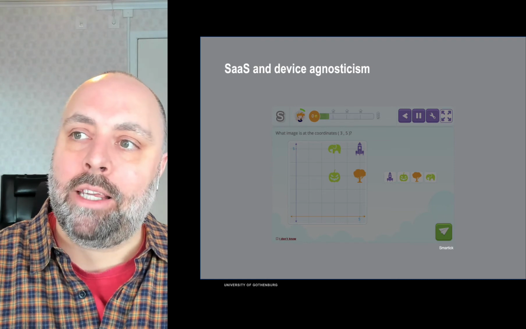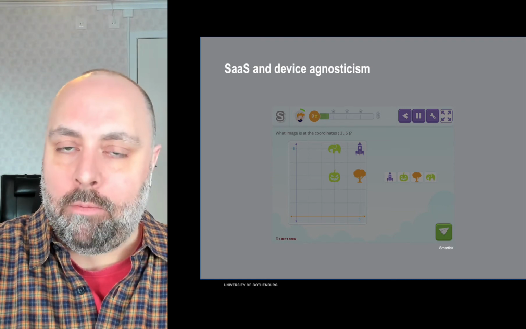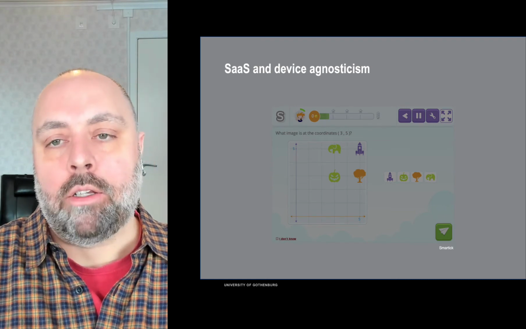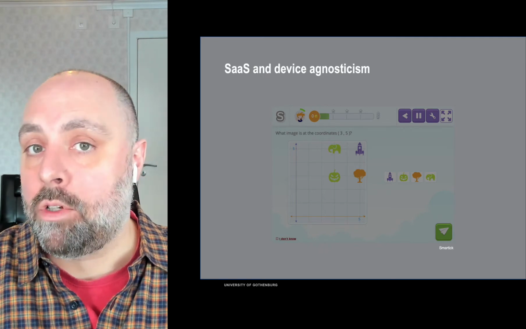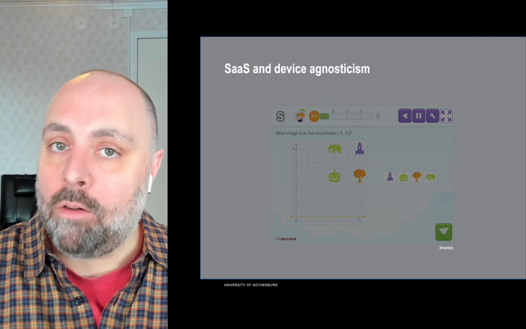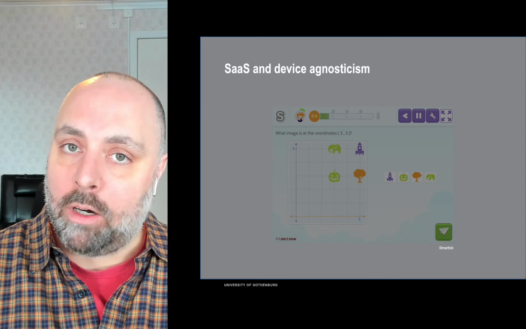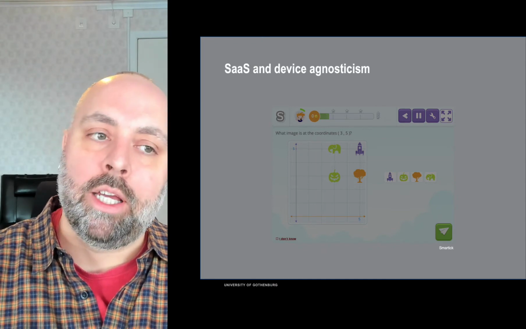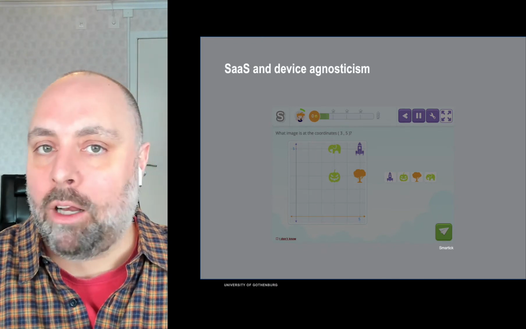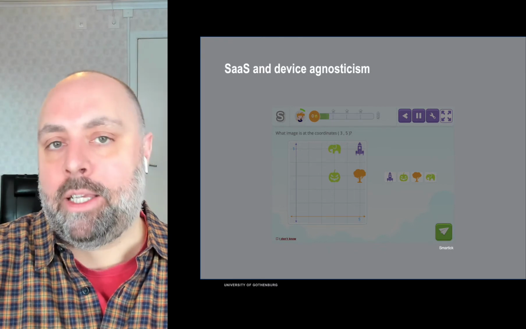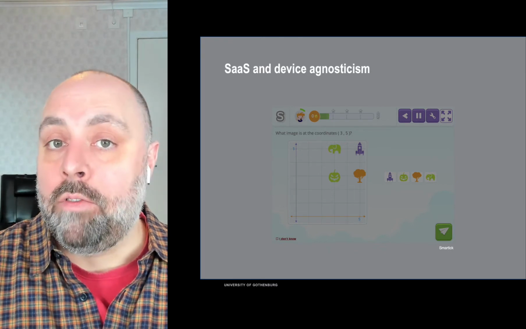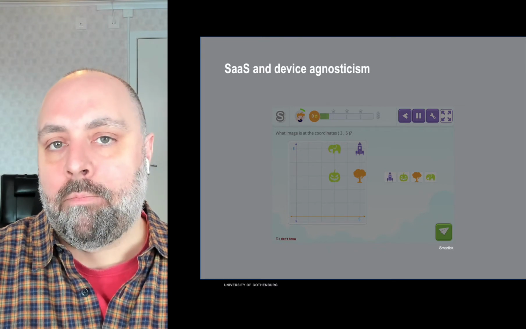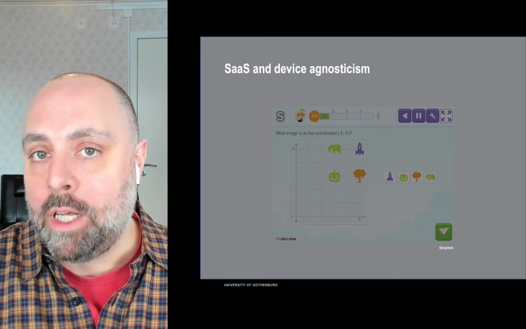So in that sense, it's even harder to locate the technologies of learning, because the thing we focused on previously, the hardware, is no longer the most important part of the equation in terms of the technology. The hardware is just simply a glass slab with a chip in it that's connected to servers that are delivering services and platforms that we use.